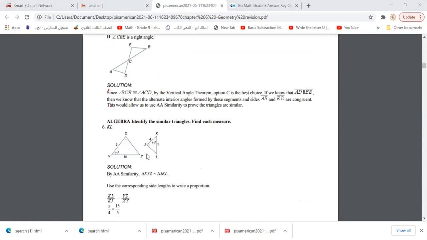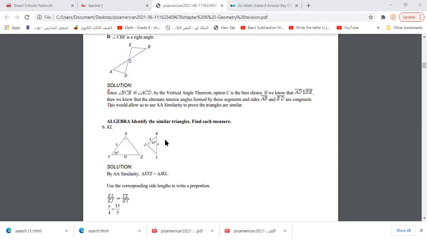In this question, identify the similar triangles and find the measure of KL. First we say that the 2 figures are similar, and then we find the length of KL. We are looking for 2 conditions, right?